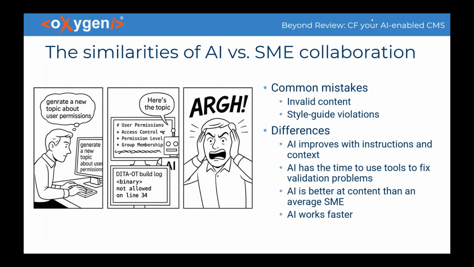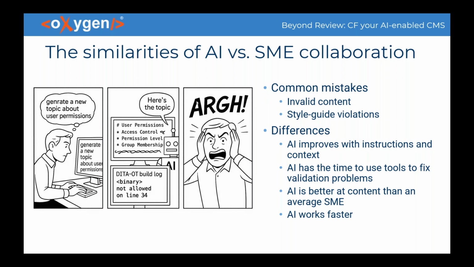Yeah, so regarding the hallucinated and invalid content, we noticed that there is a similarity between how AI produces content and how SMEs produce content, because neither of them are very familiar with our conventions about content and with the DITA specific format.